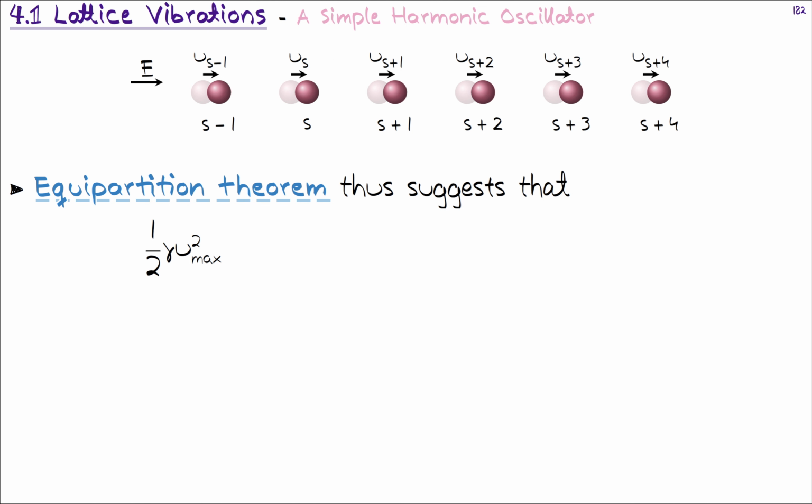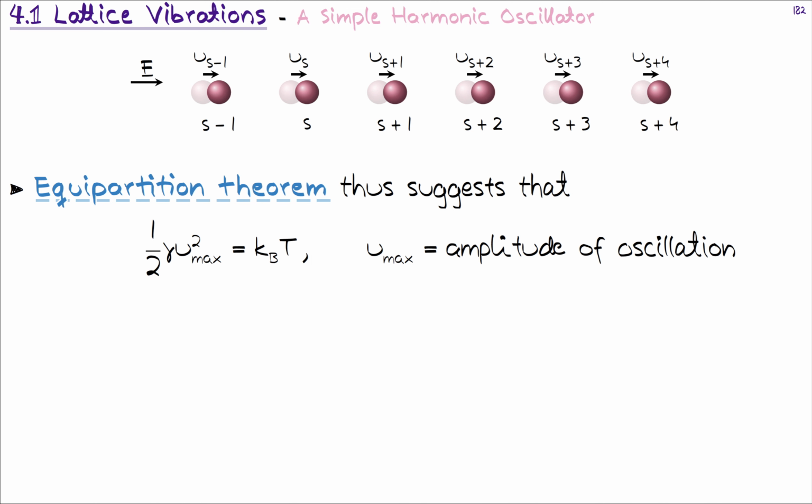We have 1/2 times the spring constant gamma times the maximum displacement squared. When the atom is not moving at all, this is all of its energy. The equipartition theorem tells us that this must be equal to 2 times 1/2 kBT, because we have 2 degrees of freedom for the energy to be divided into. So essentially we have this kBT equality.